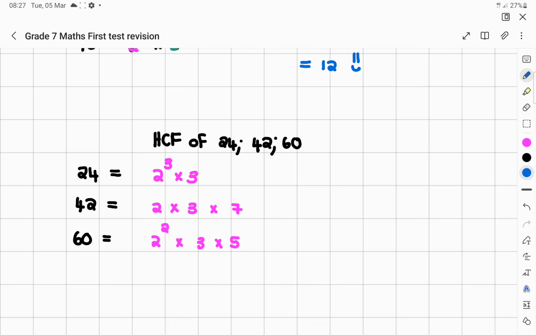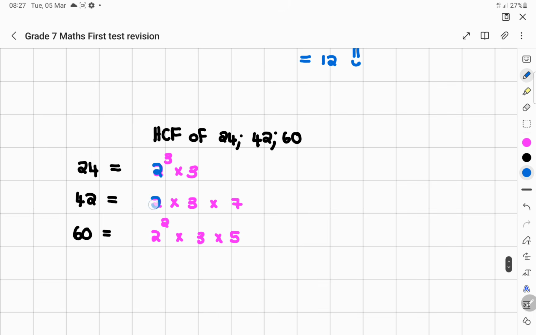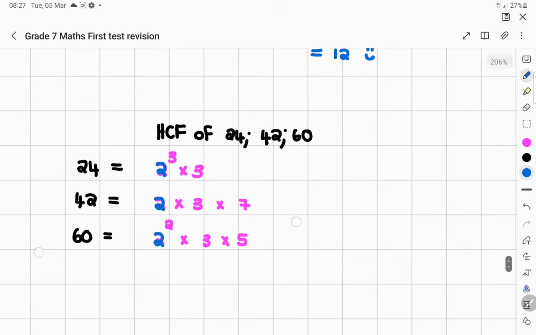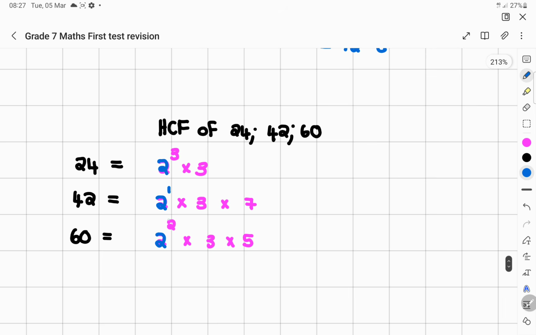Double check yourself. Now we can only use the number that comes across all 3 numbers. Can you see that they all contain a 2? But we have to use the one with the lowest exponent. So there's a 1, a 2, and a 3. Thus we're going to use 2 to the power of 1. Then they each have a 3 and they all raise to the power 1.